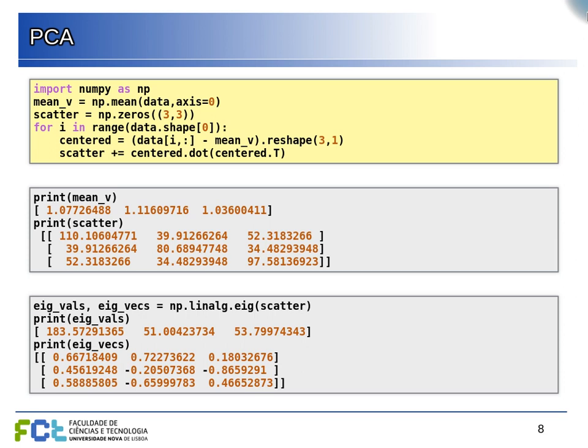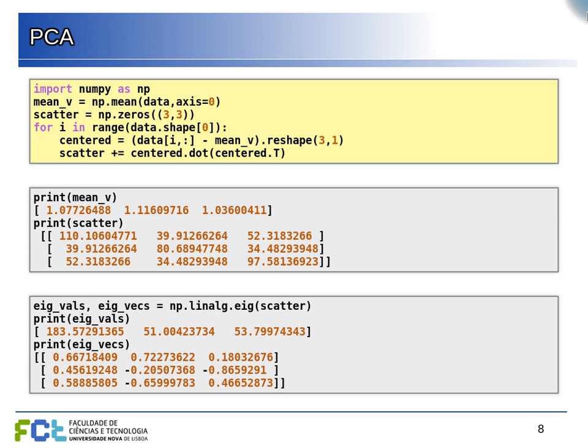Now we can use this method from NumPy, from the linear algebra module, to compute the eigenvectors and the eigenvalues. And we have here the 3 eigenvalues. These tell us which direction has the greatest variance, the second greatest, and so on.